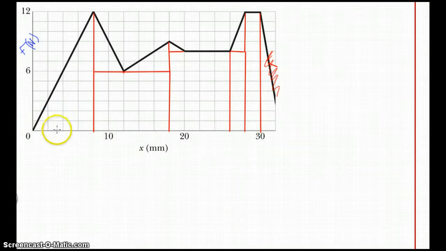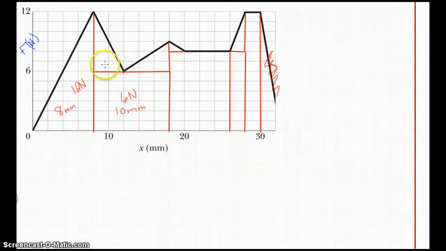So here we've got 2, 4, 6, 8. So we've got 8 millimeters wide, and we're going 12 newtons tall. Here we're going 2, 4, 6, 8, 10. So 10 millimeters wide and 6 newtons tall.